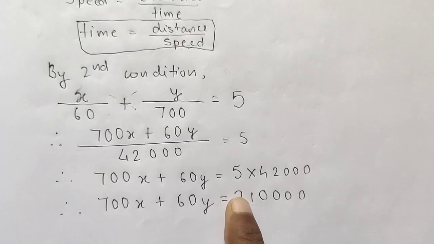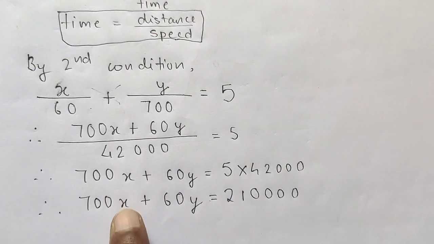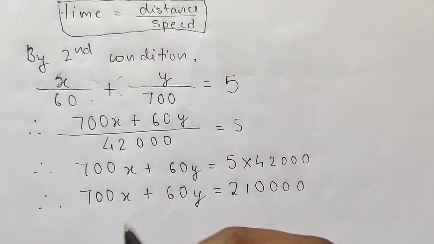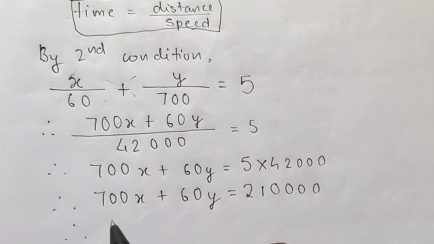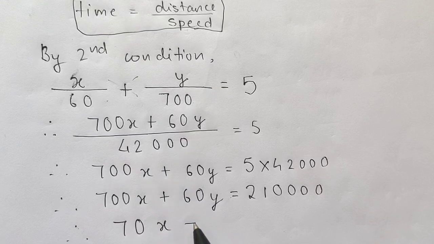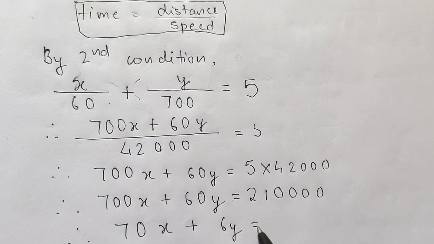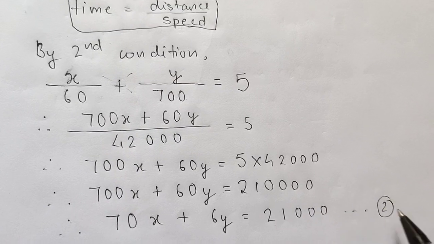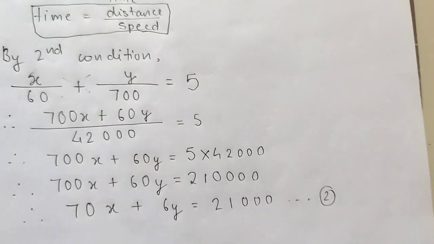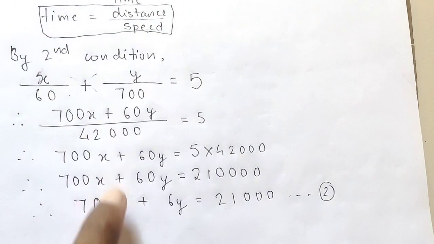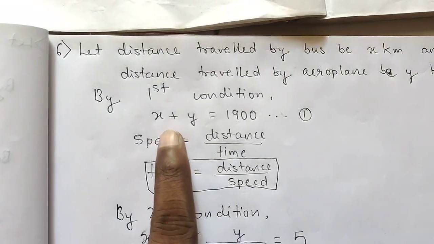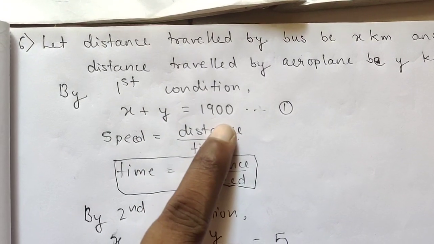So in this way you got your second equation. Now in this second equation you can cancel 1 zero of each term. So if you cancel 1 zero of each term, you are going to get 70x plus 6y equal to 21,000. Now let us call it equation number 2. So this is your equation number 2, and your first equation was this one, x plus y equals 1900.